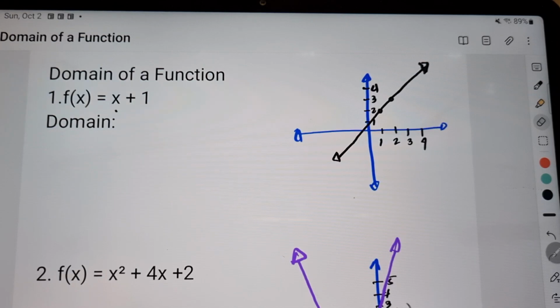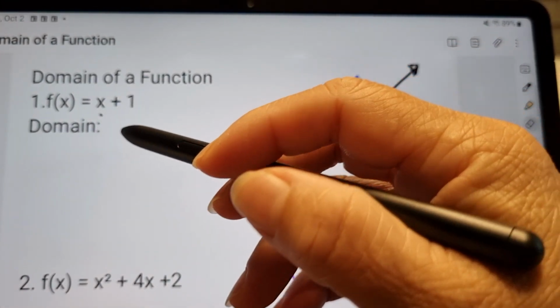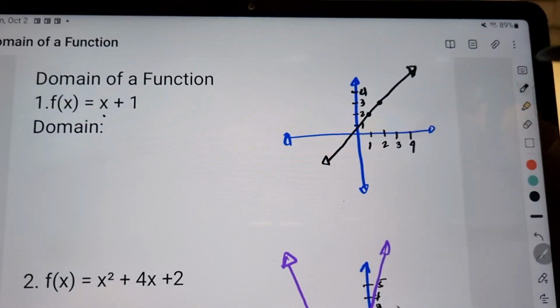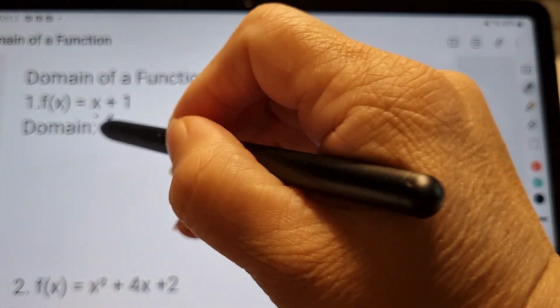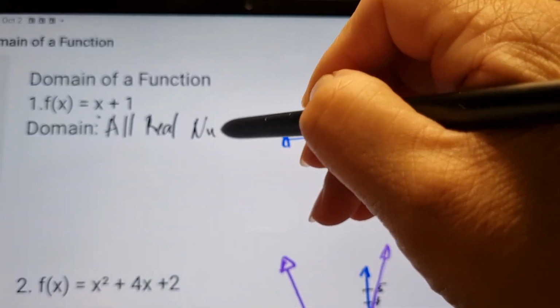Because we have other numbers like complex numbers or imaginary numbers. So here, we are just talking about all real numbers, which means that the domain in this kind of function, which is a linear function, is all real numbers. So we just write all real numbers.